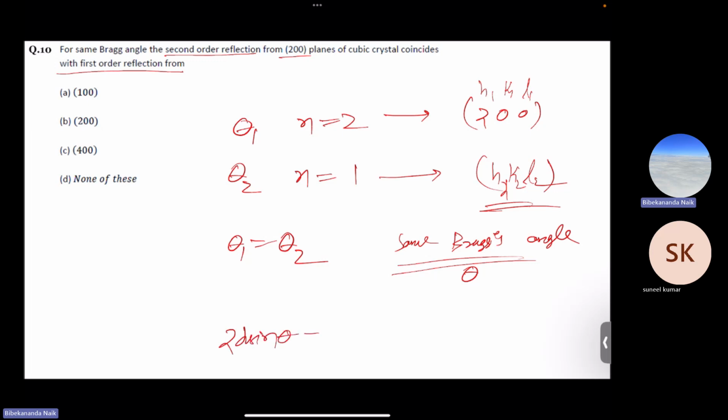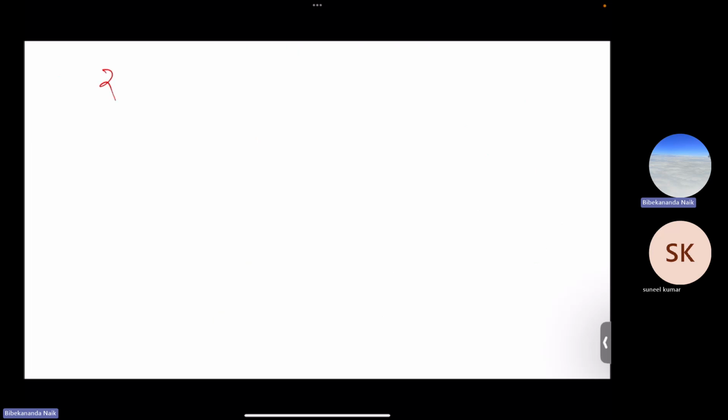You see, 2d sin theta is equal to n lambda. This is the formula. So 2d1 sin theta by 2d2 sin theta will be n1 lambda by n2 lambda.